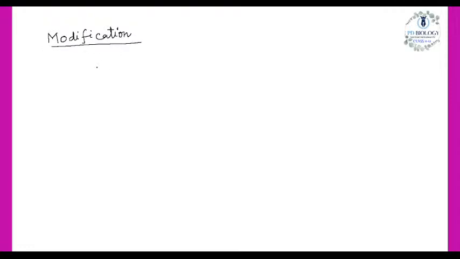In some plants, roots are modified to perform functions other than absorption and conduction.